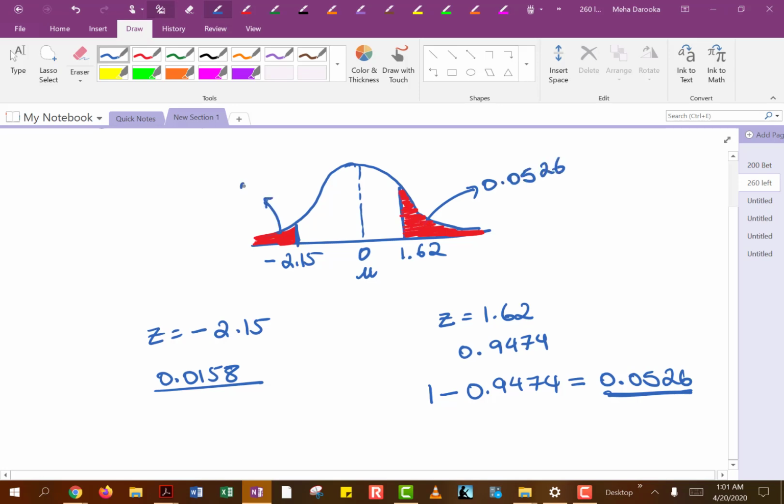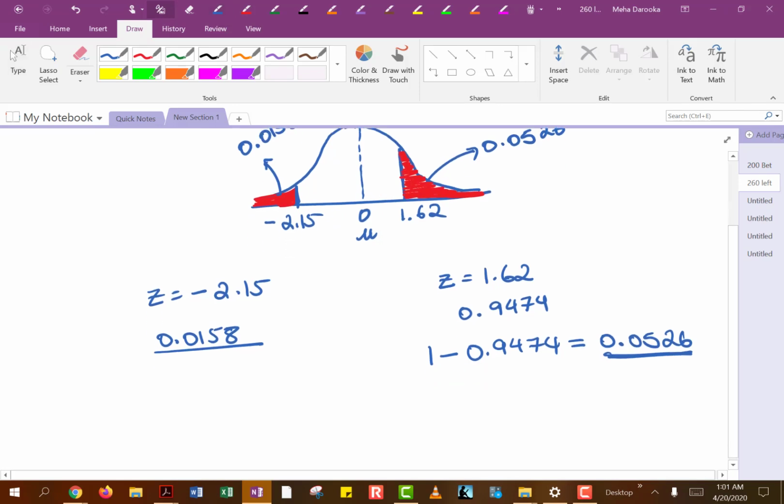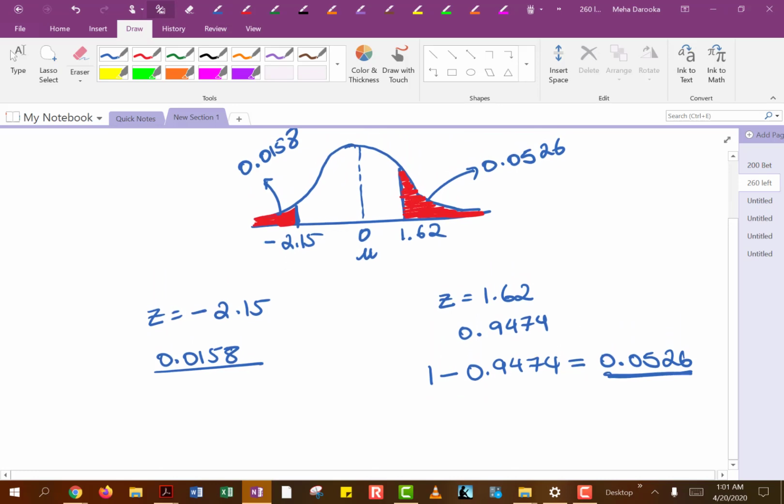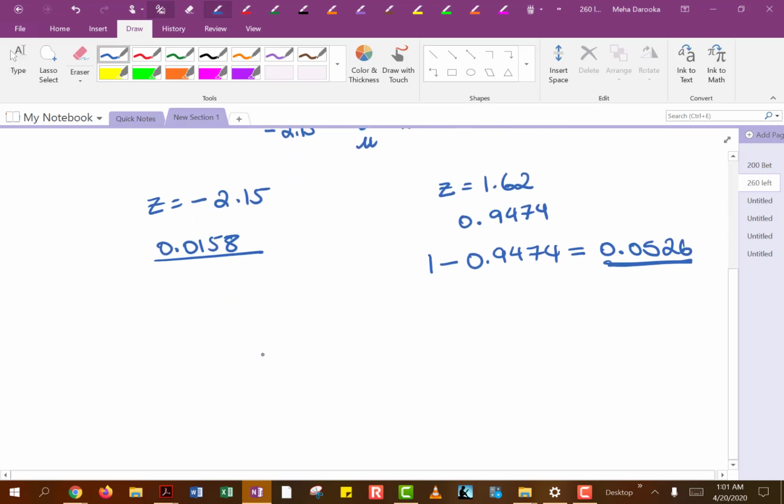Okay, so this area we are saying is 0.0526. This area we are saying is 0.0158. So of course they want us to know the total area, which means we add these two numbers. So you will get 0.0158 plus 0.0526, and that answer will come out to be 0.0684.